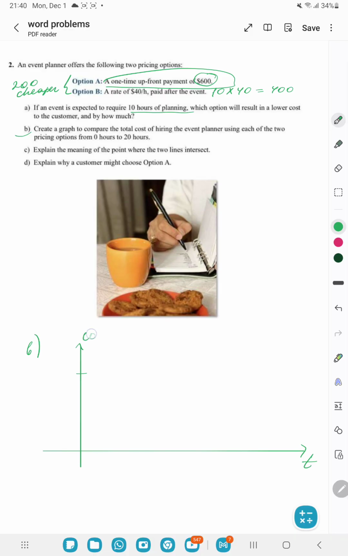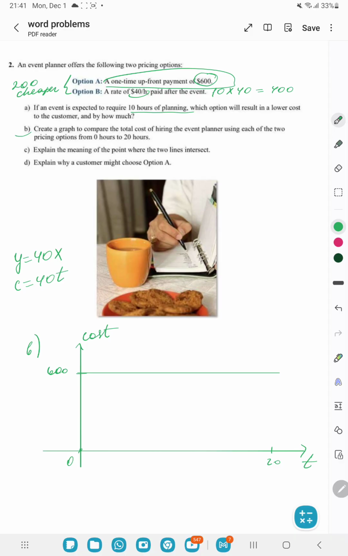It's about cost, so the cost is 600 regardless of time. In between 0 and 20 hours, it's the same cost. But for this one, we know that it has a rate of 40.